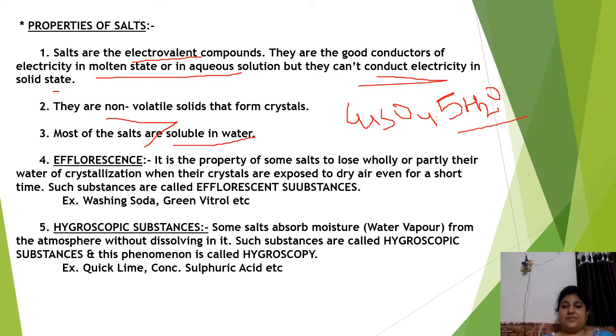When these substances are exposed to air for a short time, they lose their water of crystallization. When a salt loses wholly or partially its water of crystallization when heated or exposed to dry air, that is known as efflorescence, and these substances are known as efflorescent substances.